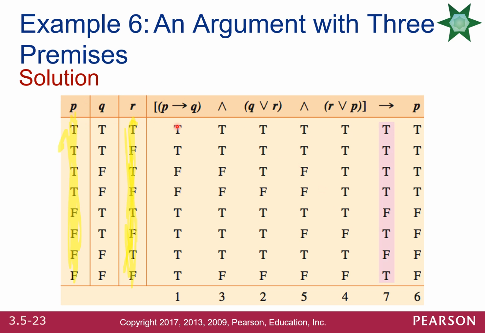So true, true gives a true, true, false gives a true, true, true gives a true, true, false gives a true, false, true gives a true, false, false gives us a false, false, true gives us a true, and false, false gives us a false.